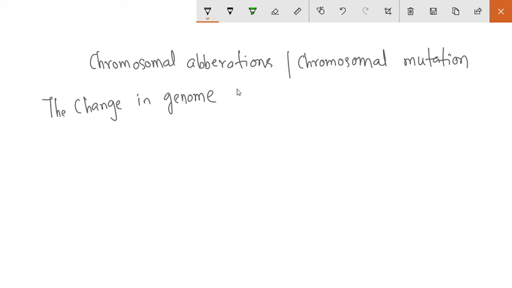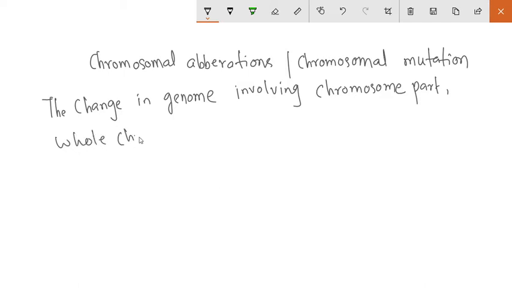This change involves the chromosome, that is, part of the chromosome, or the whole chromosome, or the set of chromosomes. That is known as the chromosomal aberration, also known as the chromosomal mutation.